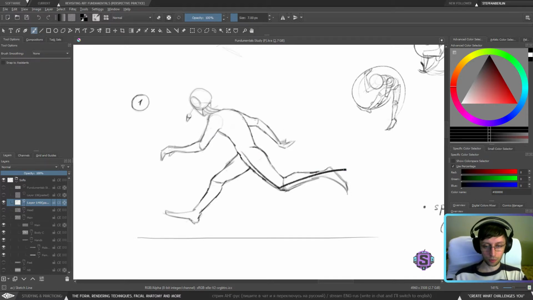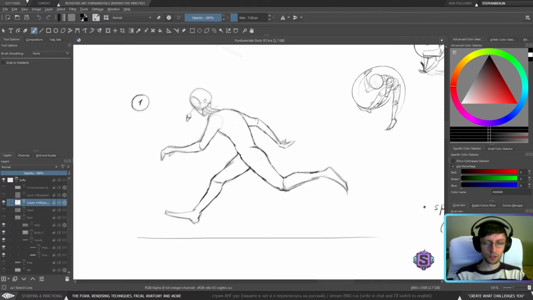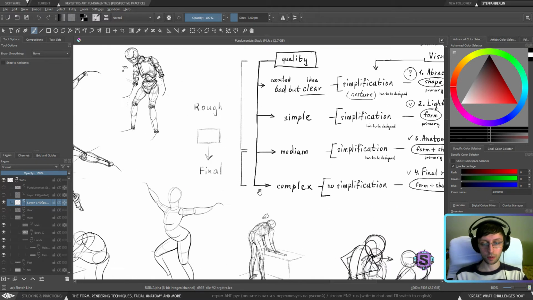This leg goes that way, the opposite hand goes the opposite way. If we're running, we can't run parallel. These are the small analyses we're going to try to implement right here.